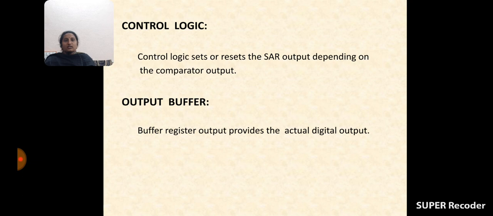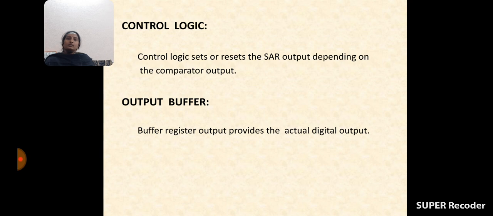Coming to the control logic, the control logic sets or resets the successive approximation register outputs, depending upon the comparator output. If the comparator produces a high level output, it will set the successive approximation register.